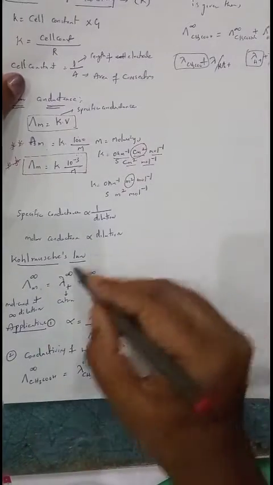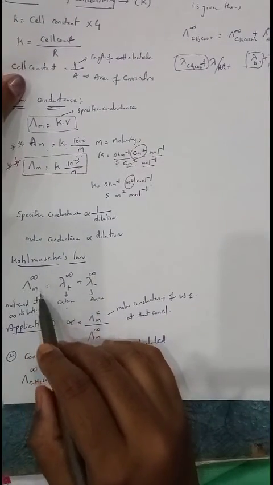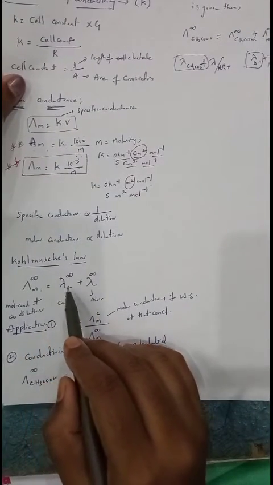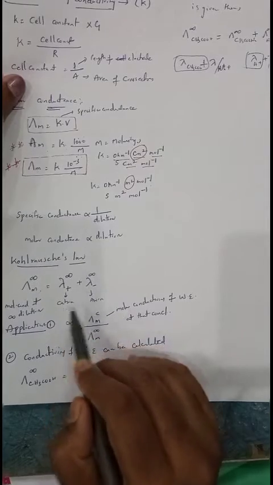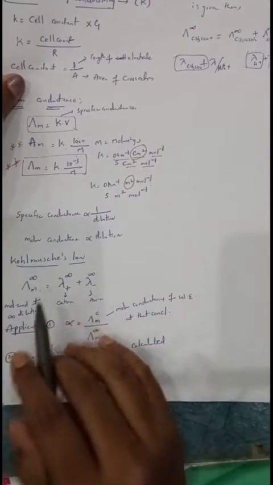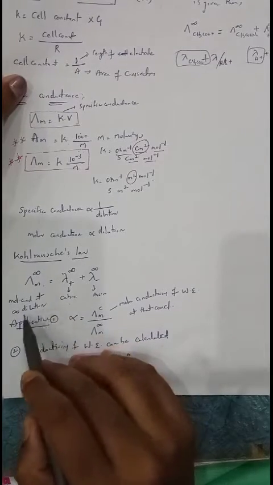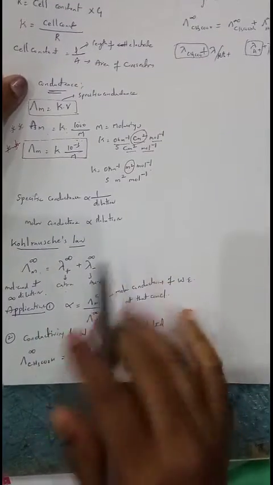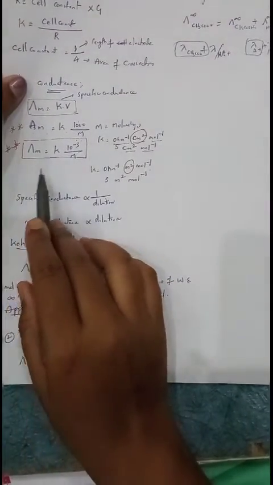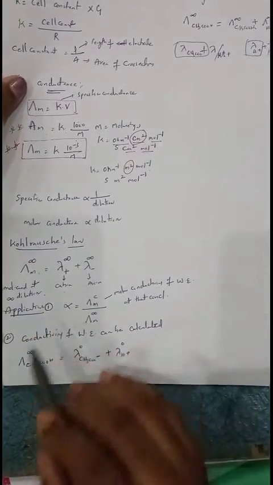Instead of infinity you may also write naught, that is not a problem. So lambda m infinity equals the sum of lambda infinity of the cation and lambda infinity of the anion. That gives the molar conductance at infinite dilution. Here also we are calculating the lambda m value, but at infinite dilution.